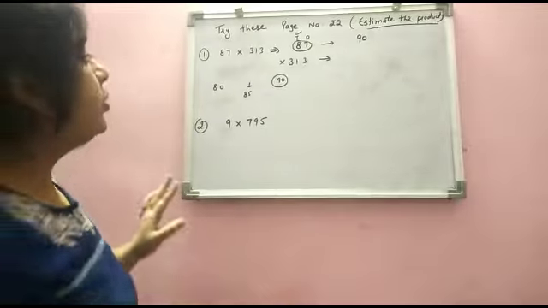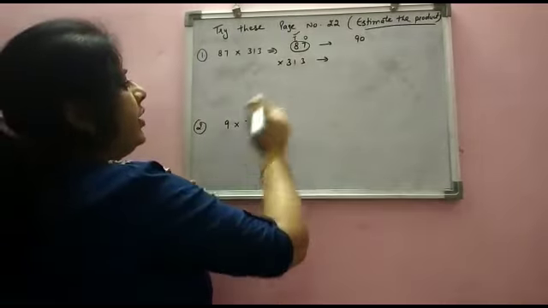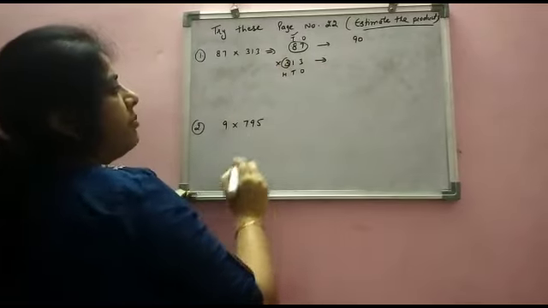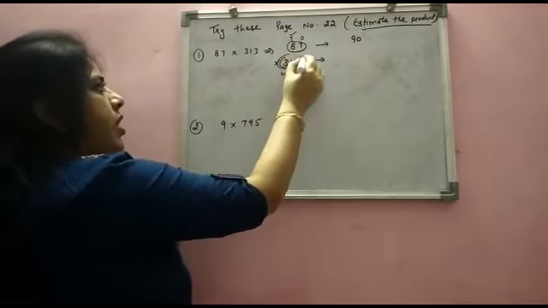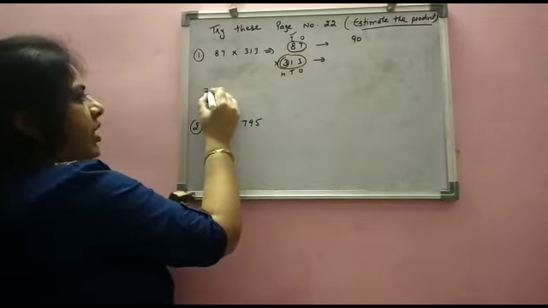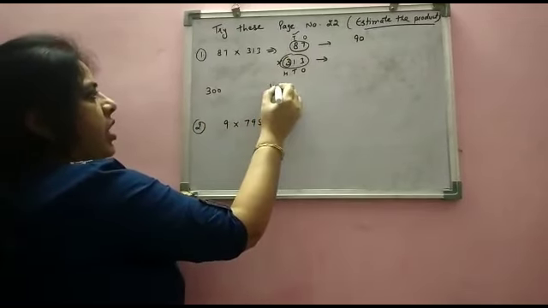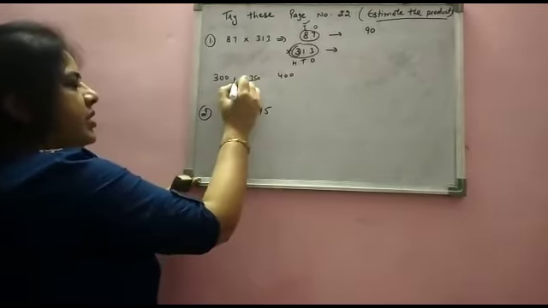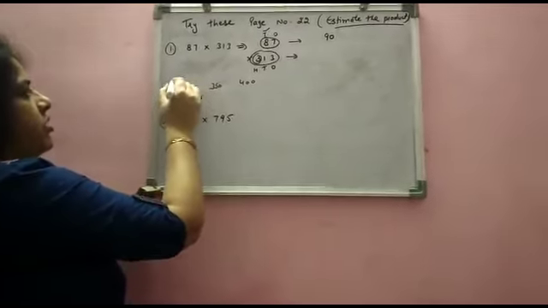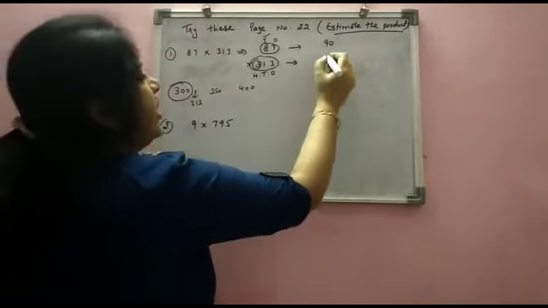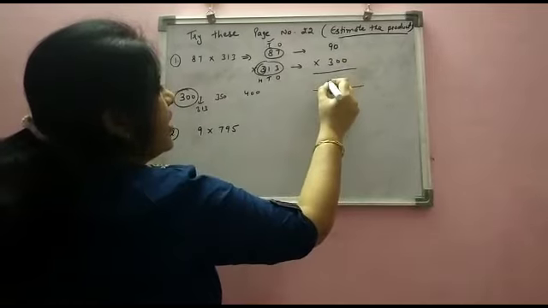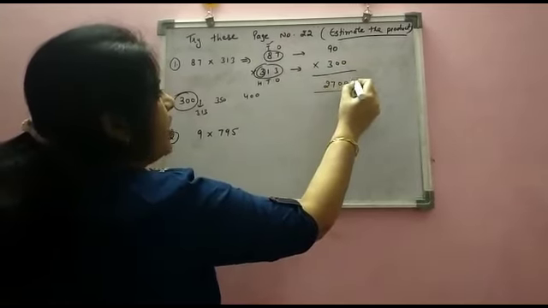Now the number 2, greatest place is 100. So this number will be estimated to the 100 place. 313 lies between 300 and 400. Halfway is 350. It's less than halfway. So it will be estimated to 300. Now you get the product, and the answer would be 27,000.